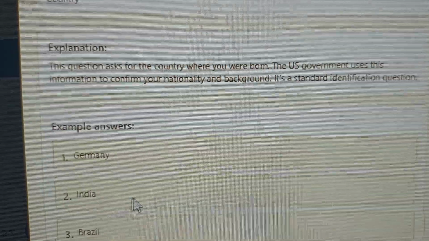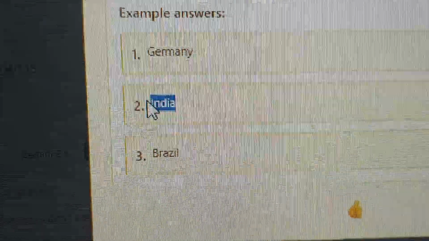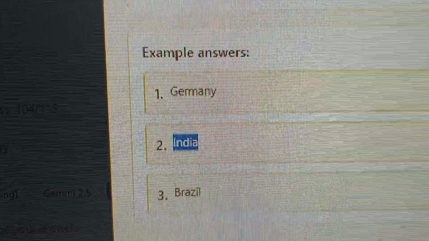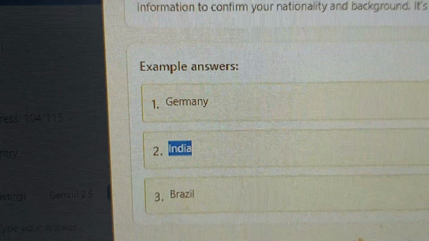The US government uses this information to confirm your nationality and background. It's a standard identification question. Example answers: Germany, India, Brazil.